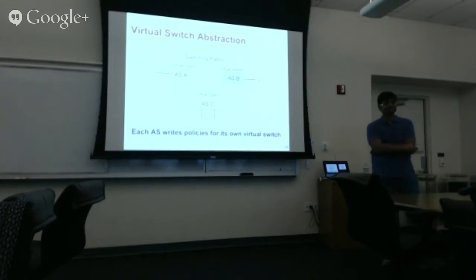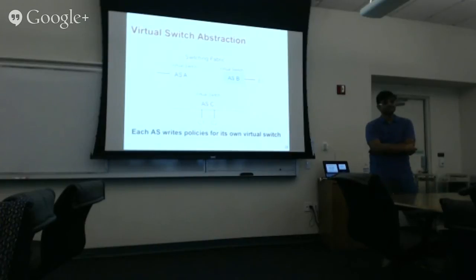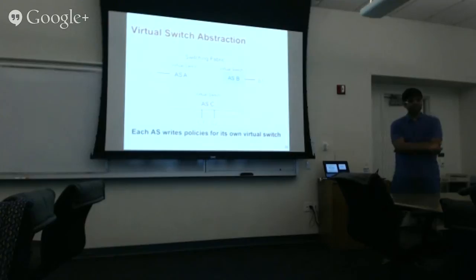That's interesting because he might want to pick those ports, but then C might want to pick those ports too. So that's kind of an interesting political or policy decision. Is your recommendation for SDX that this is the level of abstraction, that if I'm Google, I can direct my traffic to Yahoo, but Yahoo controls which of the ports it gets to?